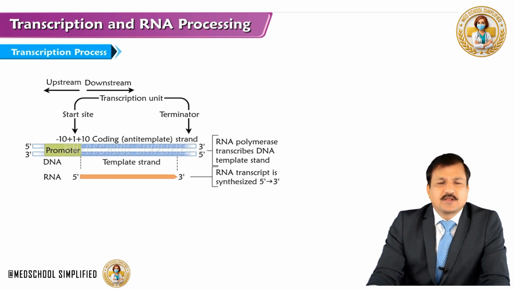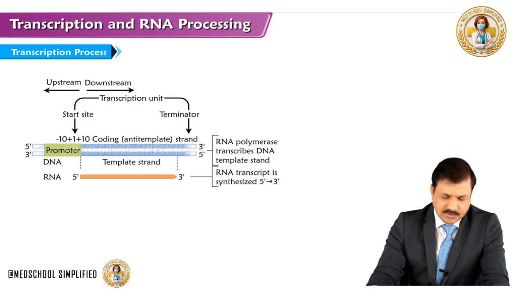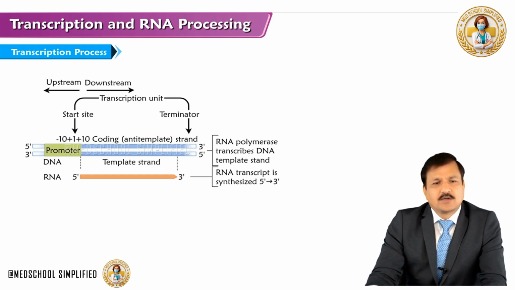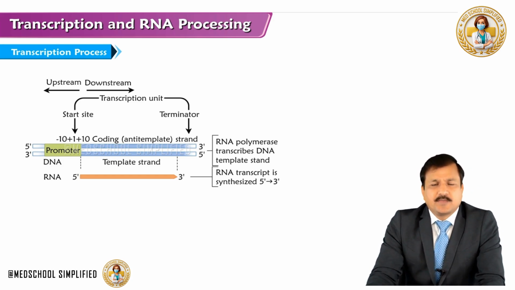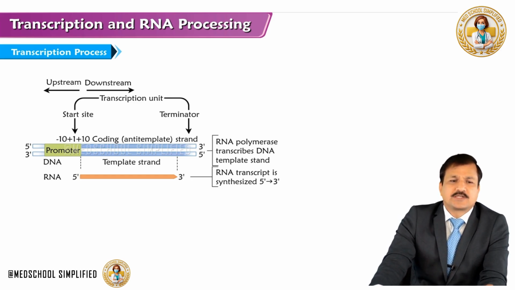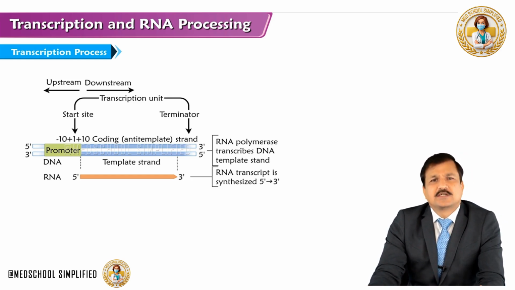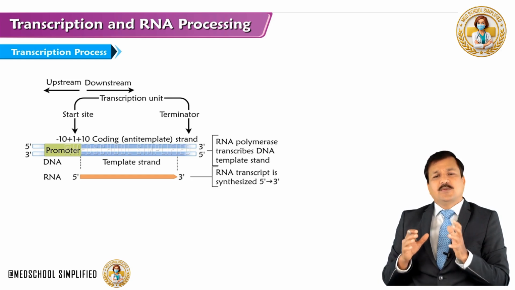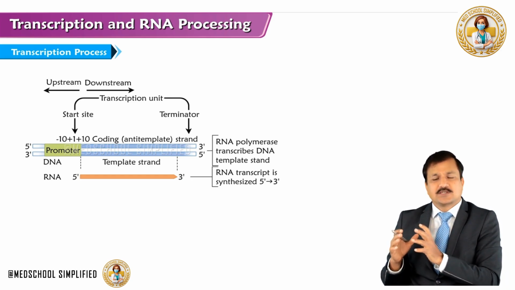To the left, that is 5' or upstream of this start point for transcription, bases are written as -1, -2, -3 and so on. To the right, that is the 3' direction or downstream of this point, bases are usually mentioned as +2, +3, etc. Transcription ends when RNA polymerase reaches a termination signal.